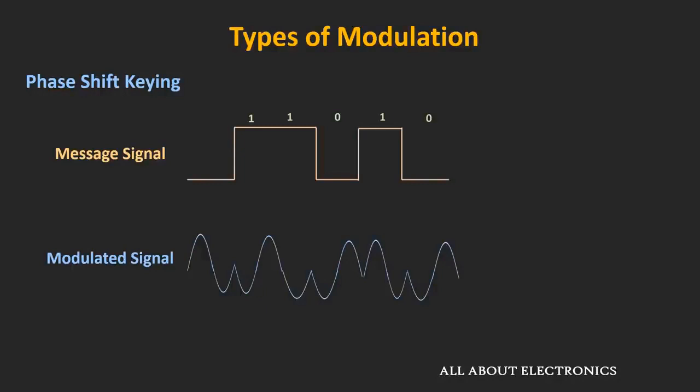In binary phase shift keying, the binary 1 and 0 are represented by different phases. To be precise, they are 180 degrees apart from each other. So when there is a transition from 1 to 0 in the message signal or from 0 to 1, then there is a 180 degree phase shift in the modulated signal. So that is the brief overview of phase shift keying.